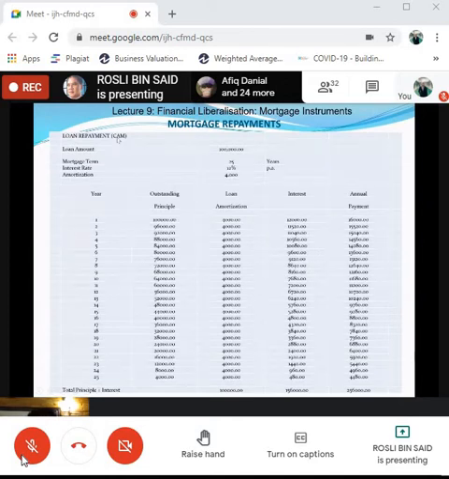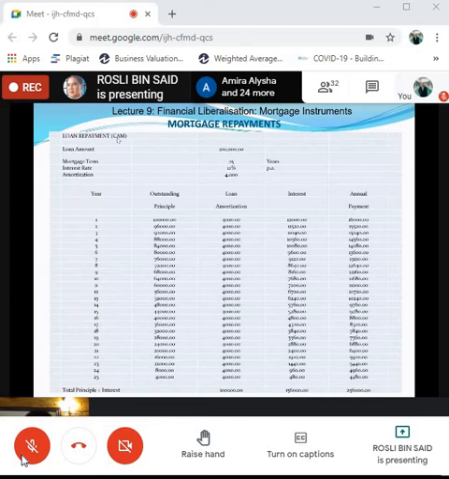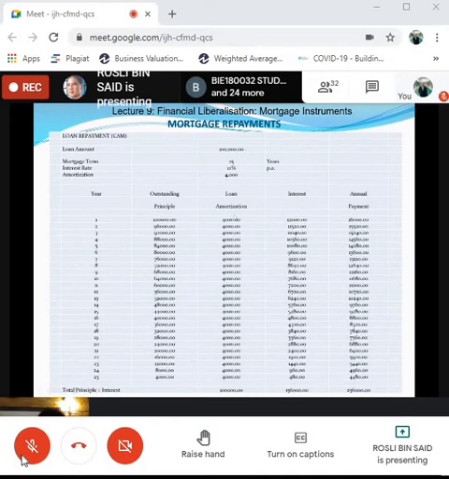Amortization refers to the payments of capital. Forget about the interest. So the payment of the capital must be constant. In this case, we borrow 100,000.